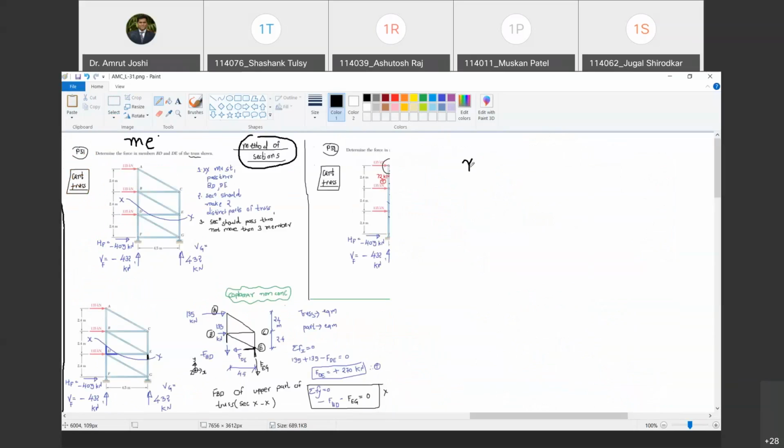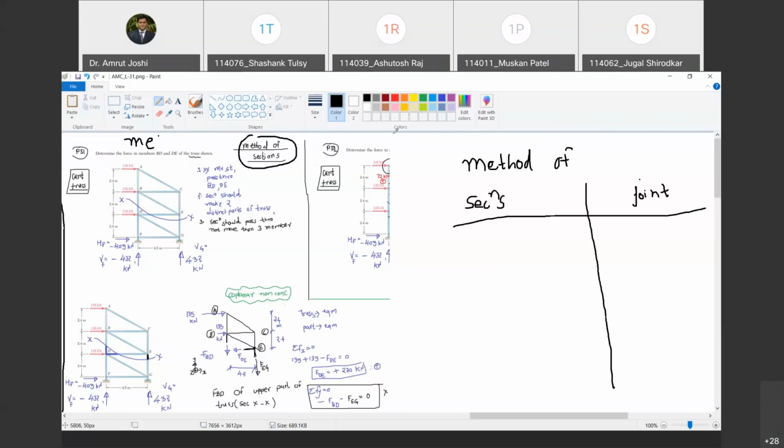And now let us write down the differences. Method of sections and दूसरा है joint. Are you with me? Yes, sir. So what is the first point in the difference? When do you use this method? So इसका use कहाँ पे है? That is the first point of differentiation. So when do you go for method of sections?